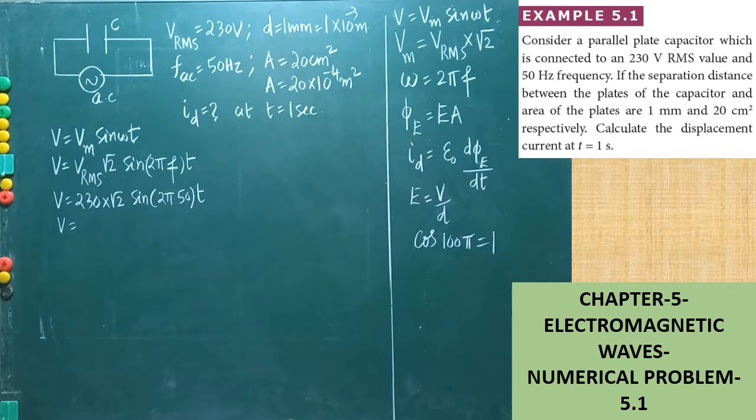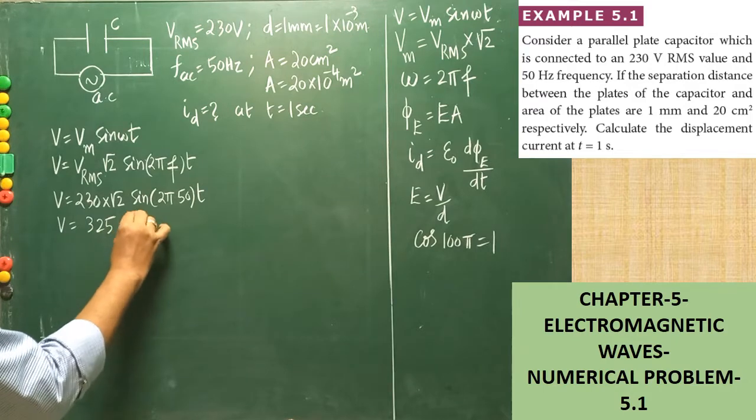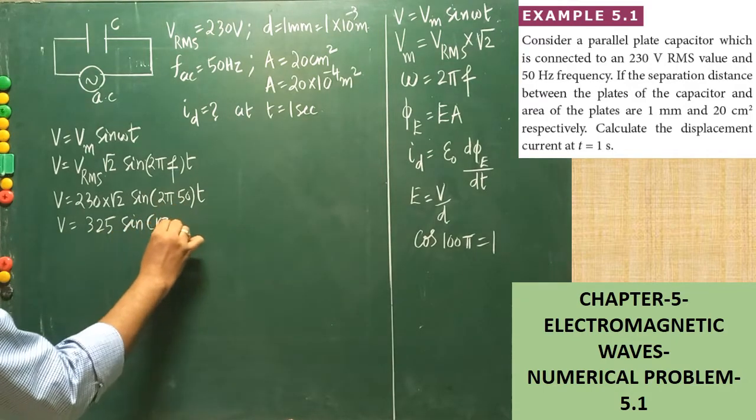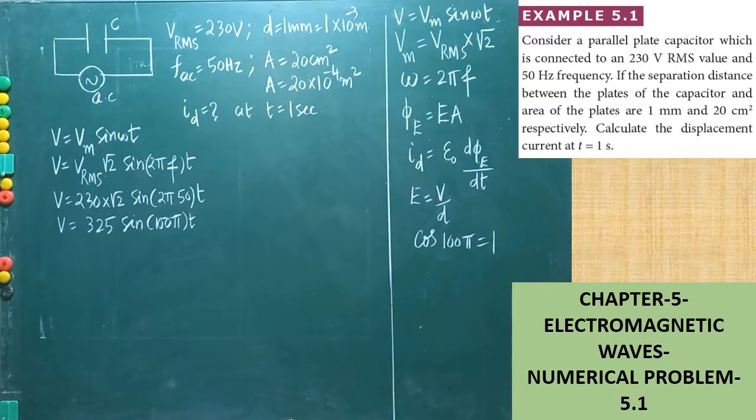Are you clear? 230 must be multiplied with root 2. If 230 is multiplied with root 2, you will get, that must be calculated by calculator. Okay, 230 into 1.414, its value is approximately 325 volt. Sin of 100 pi into t. So V is found out. V is ready. Are you clear?